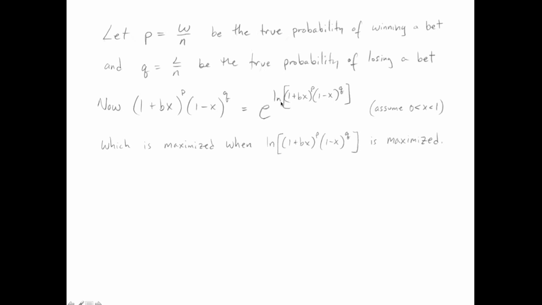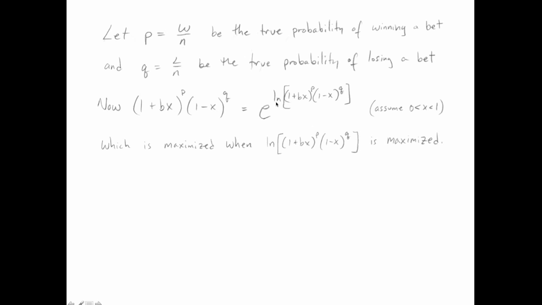You see, if I take the ln function, I want to first realize that this is fine. X is going to be the fraction of the bankroll that you wager, and therefore it's not going to be over 100%. You're not going to bet more than 100% of what you have available. So X only goes up to 1.